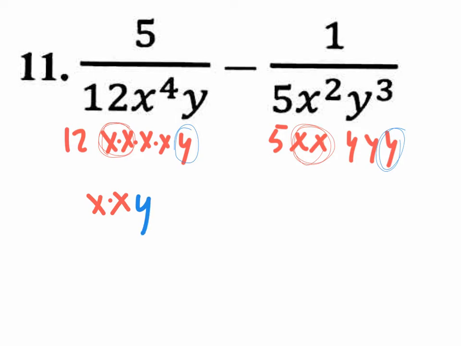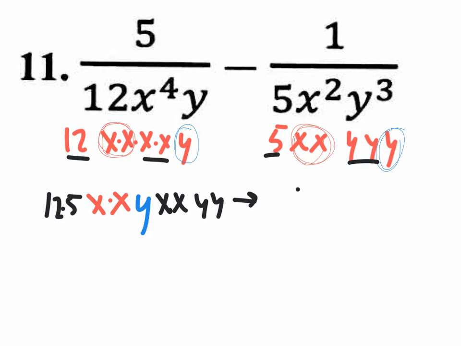What's the rest? We have a 12 and a 5. 12 times 5 right in front. And we also have these 2 x's, x, and we also have these 2 y's, y. So our LCD, our least common denominator, is going to be 60x to the 4th, y to the 3rd.